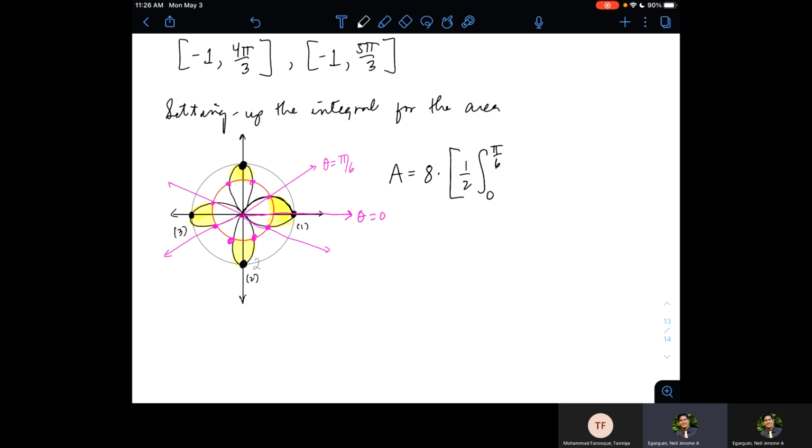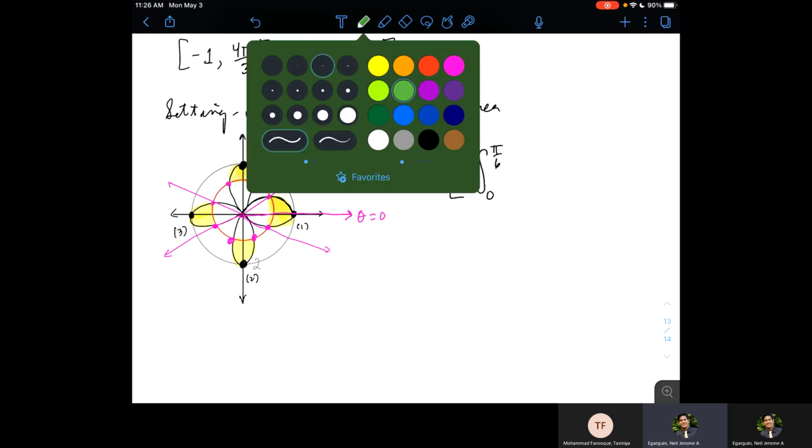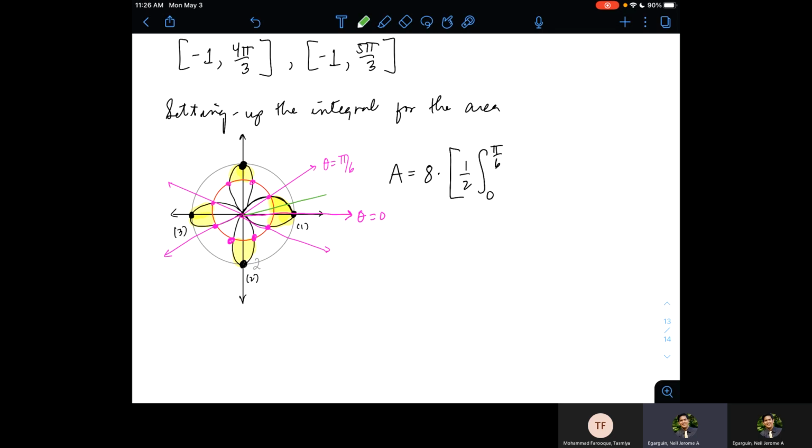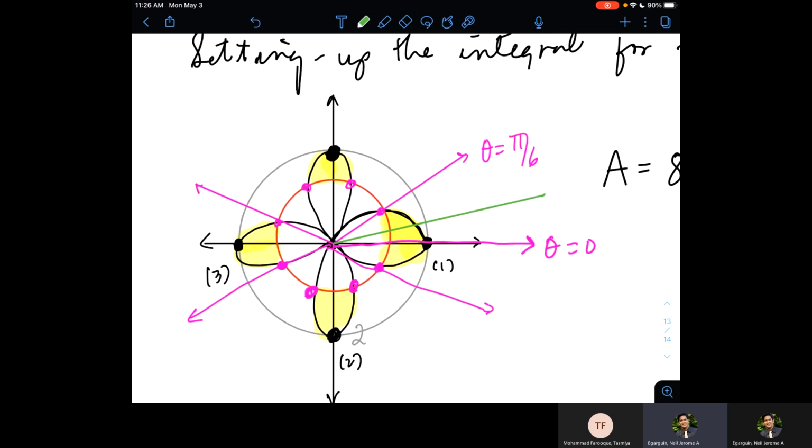Okay. And then to know what would be the integrand, I'll need to draw a radial line here, okay? And then try to see what is the inner and what's the outer radius, right? So let's zoom in a little bit here. And then our integration is from 0 until pi over 6.